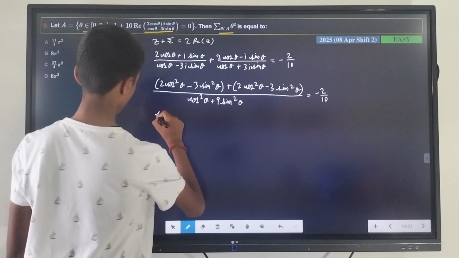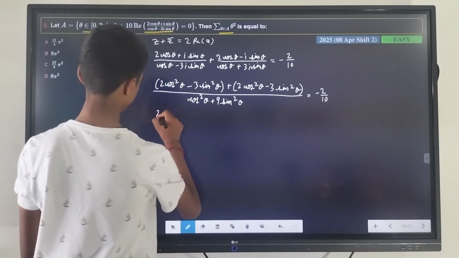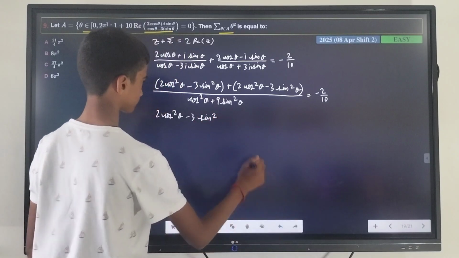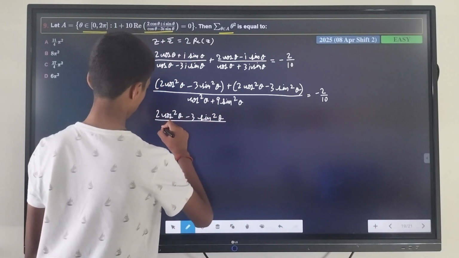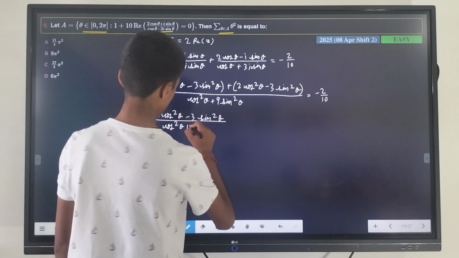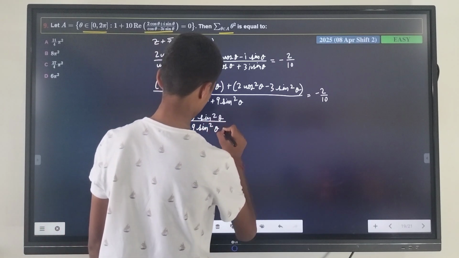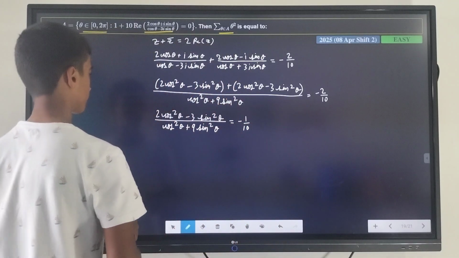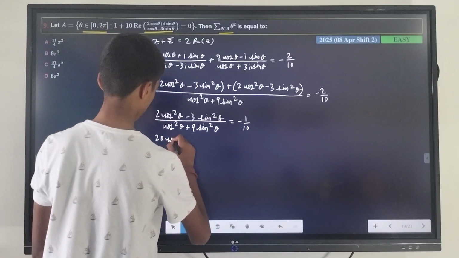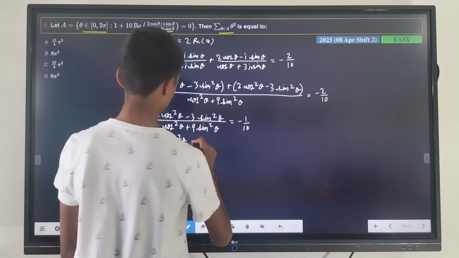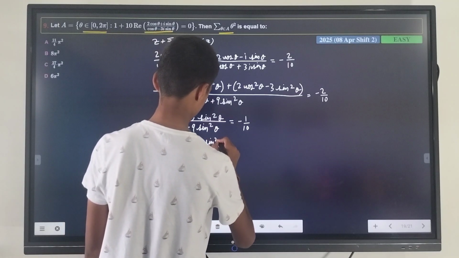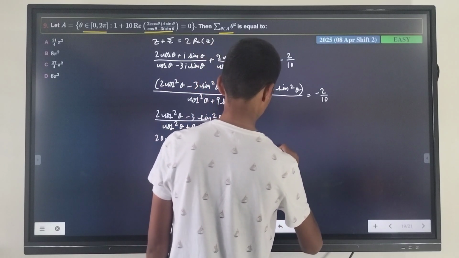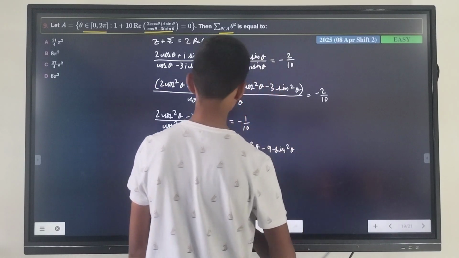We will get 2 cos square theta minus 3 sin square theta upon cos square theta plus 9 sin square theta is equal to minus 1 upon 10. Now on cross multiplying, we will get 20 cos square theta minus 30 sin square theta is equal to minus cos square theta minus 9 sin square theta.